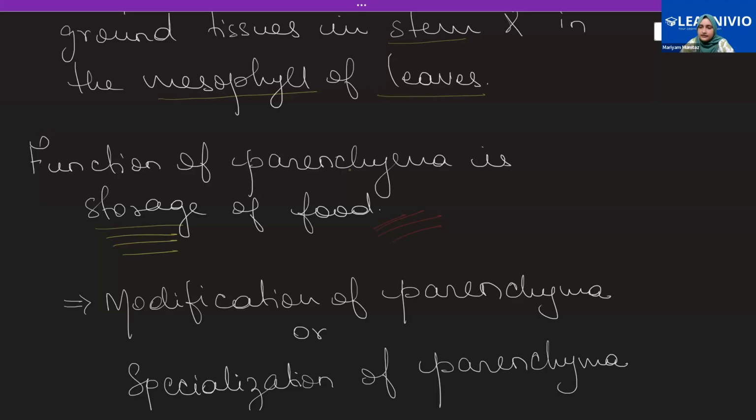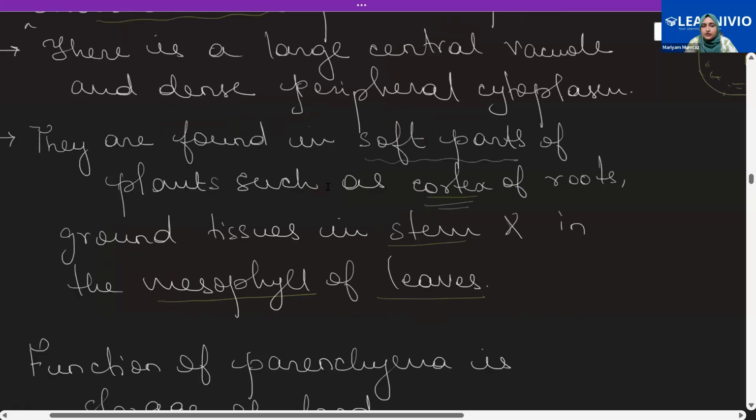Say it complete, Tanisha. Parenchyma, collenchyma, and sclerenchyma. These are the three types of simple permanent tissues.